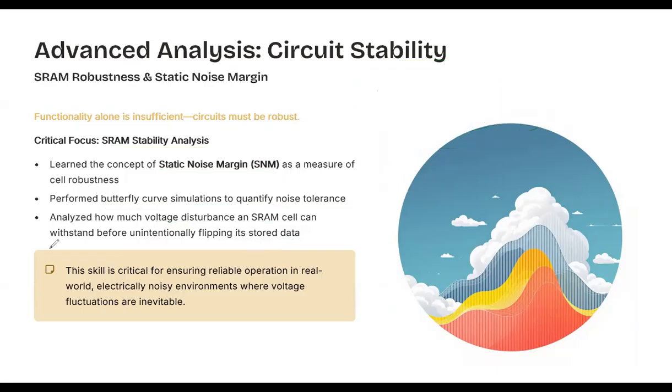What are the base circuits? Inverter is a base circuit, NAND is a base circuit, NOR is a base circuit, and most important, the characteristics of NMOS and PMOS.